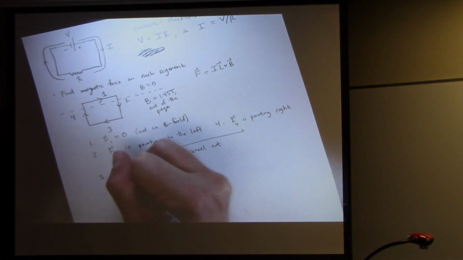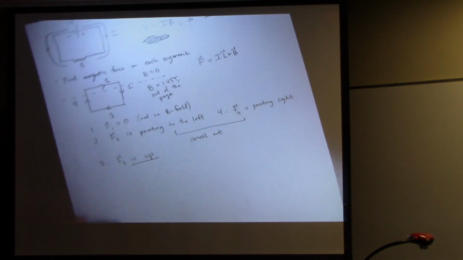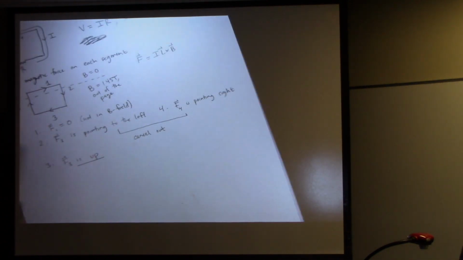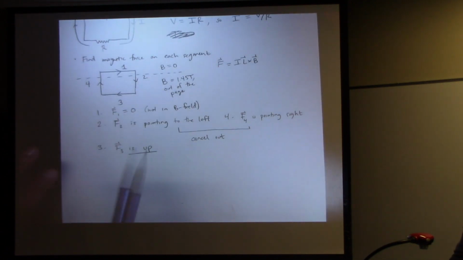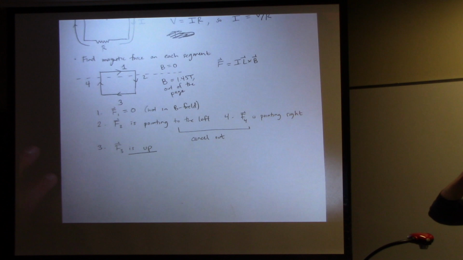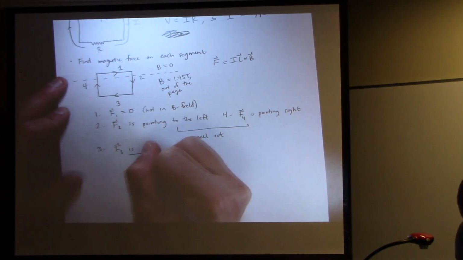So F3 is up, and that's exactly why this thing can float in the magnetic field, because we have a magnetic force going up and a gravitational force pulling it down, and those balance out and it just floats there. That's the idea. So how much force?